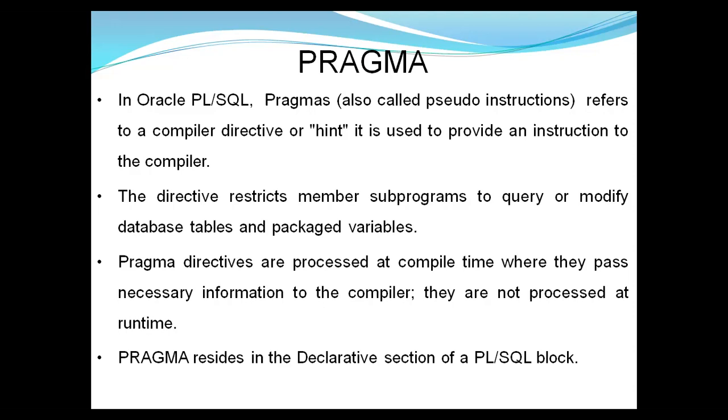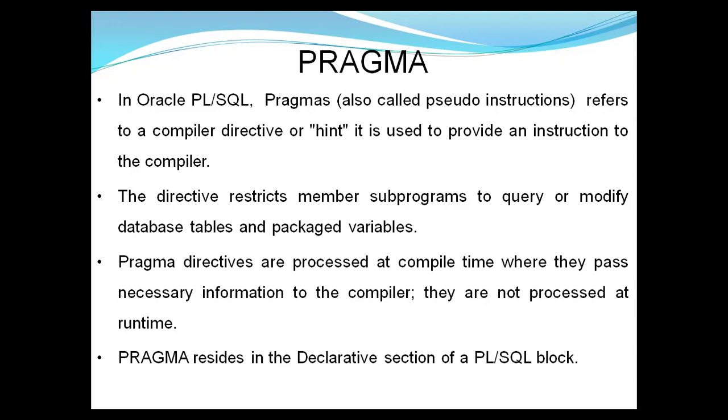Simple here. Now, pragma directives are processed at compile time where they pass necessary information to the compiler. They are not processed at runtime. If the laddu wala has already given 2 laddus, he will not give 3 more afterwards; you need to tell him beforehand. So always, pragma resides in a declaration part.